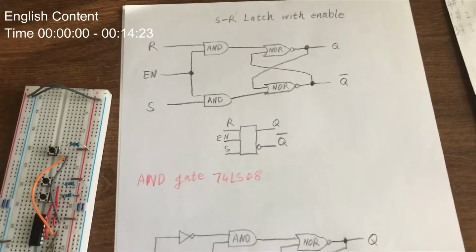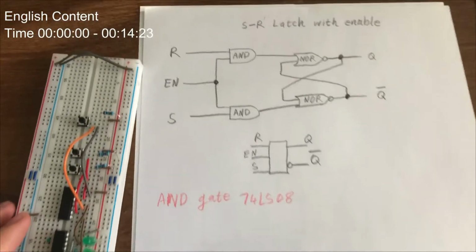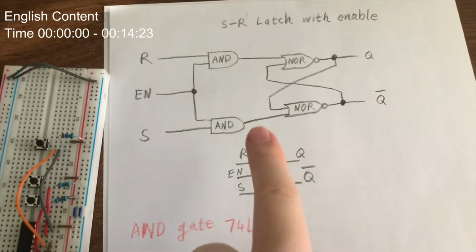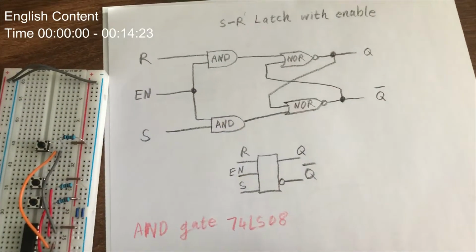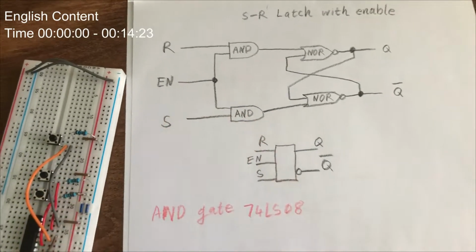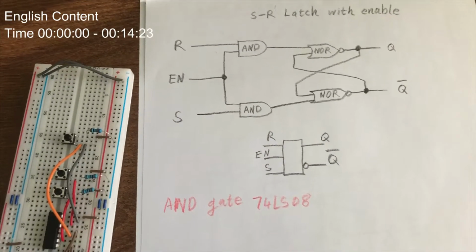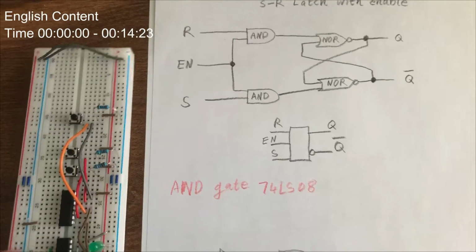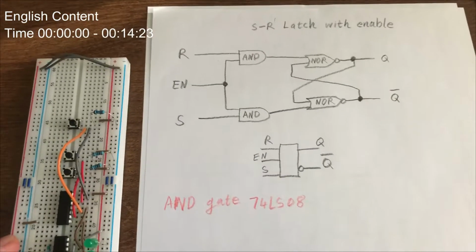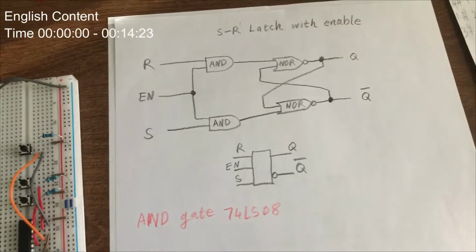Now we have made progress: these NOR gates have these AND gates combined with them, and we have these enabling controls. When we have the enable signal, we can change the state of the latch. It is a latch with enable.